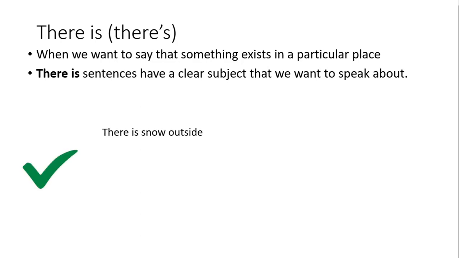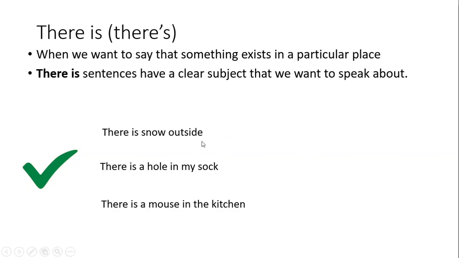For example, there is snow outside, there is a hole in my sock, and there is a mouse in the kitchen. In this example, we cannot say it is snow outside. Why? Because snow is a subject of this sentence already.